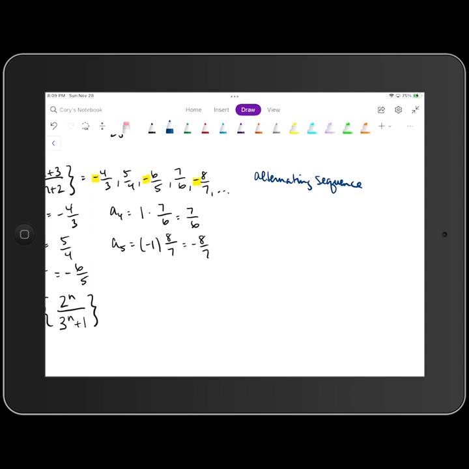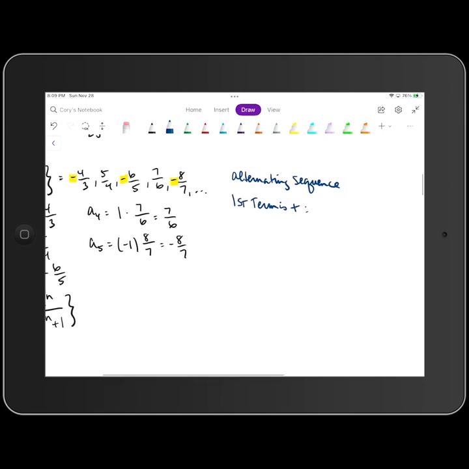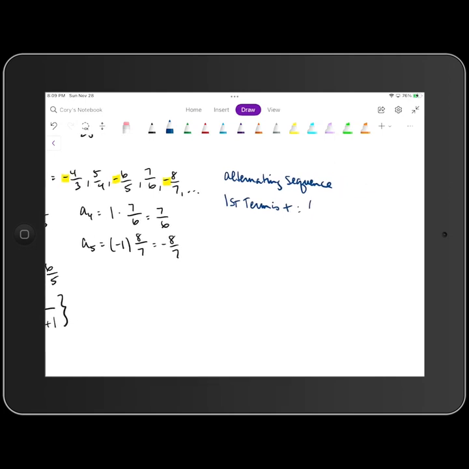Now, something to keep in mind with alternating sequences, and we're going to use this in a later example, is if your first term is positive, that alternating sequence is going to have a factor usually of negative 1 raised to the n plus 1 power.